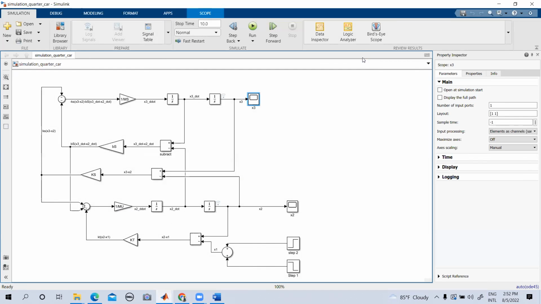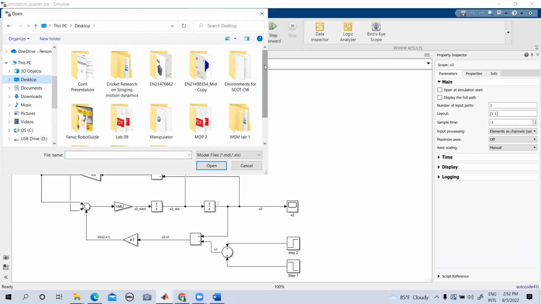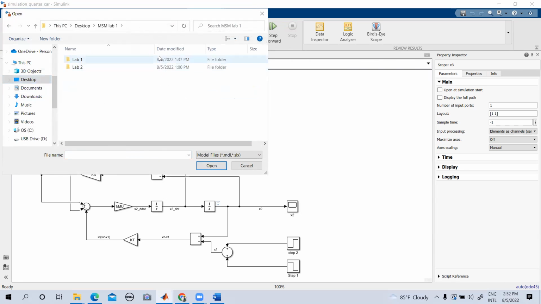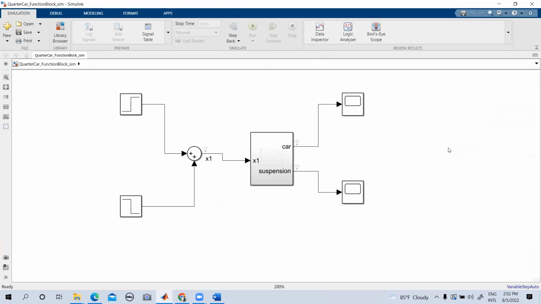So you can develop something like this. And it's preferred to model a system in this particular format, so I will show it. If you go to these function blocks, it's much easier to understand, right?